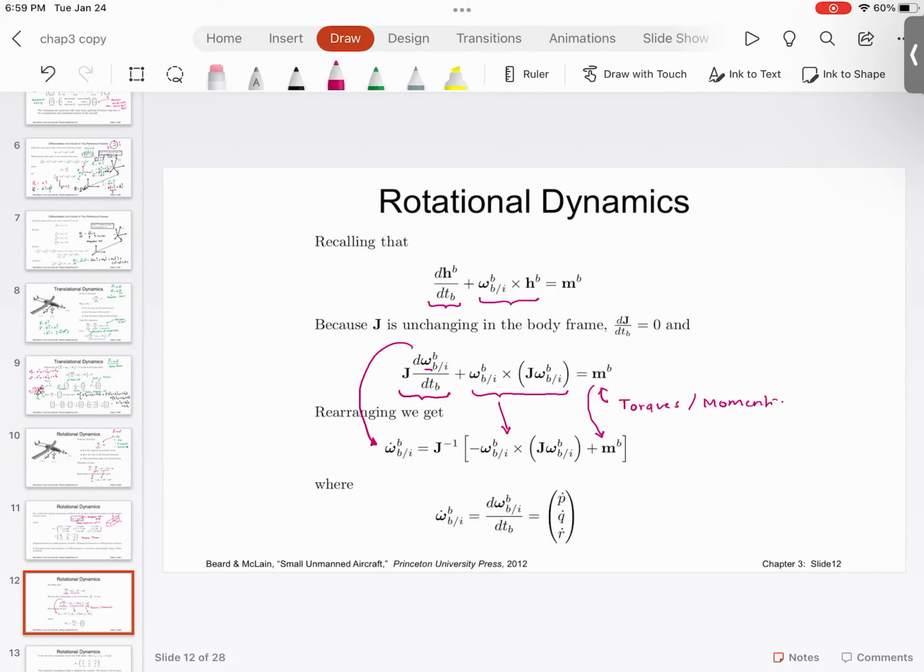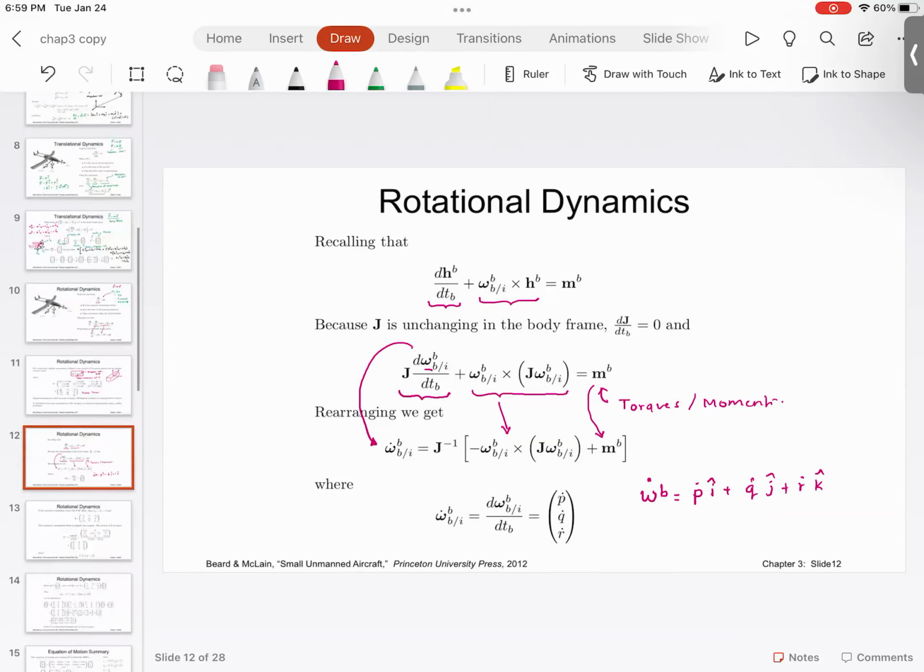And this is actually a vector equation. So I can write this down as P dot i plus Q dot j plus R dot k. If I want to express that as a row vector, this is how I would write this down. If I want to express that as a column vector, I would just express it like this.